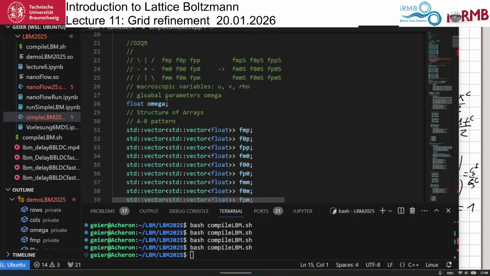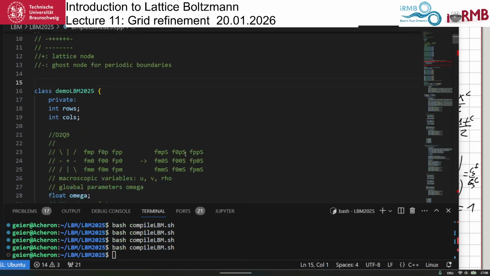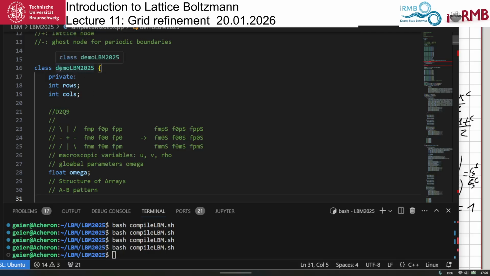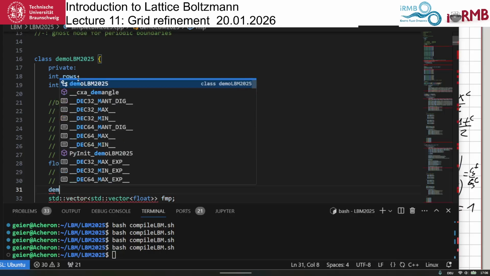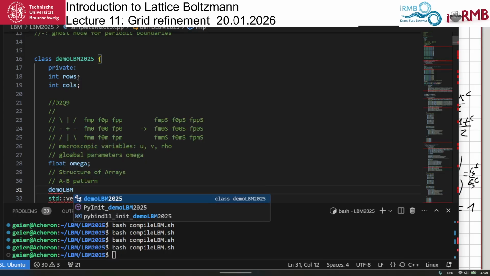So the first thing you would have to do here is allow in your kernel, where does it start? I'm somehow confused here. This is not enough space. So we would need, the thing here is a class demo LBM 2025.